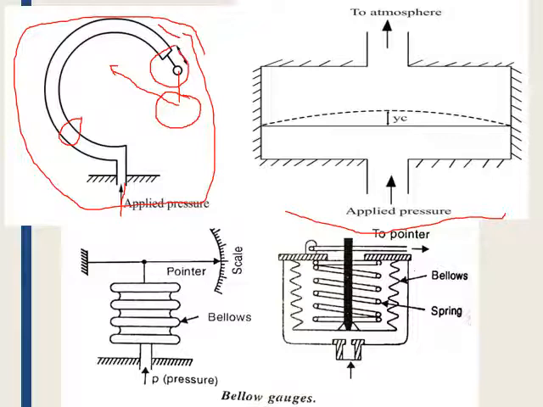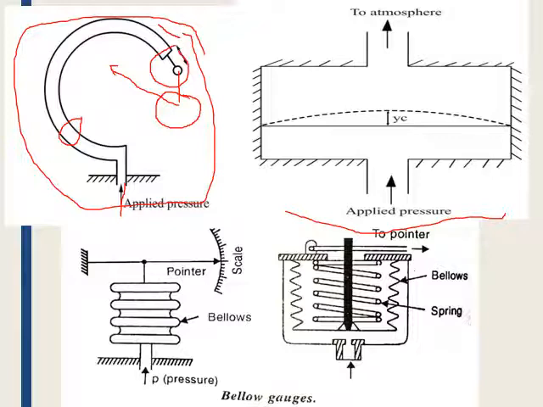Here, again, is a second type, which is a spring type of bellows gauge, in which when a pressure is applied, these bellows either expand or compress. Let us say first it is a positive pressure. When it expands, the pointer which is connected to the other end of the bellows or the spring rotates and gives the reading of the magnitude of pressure.